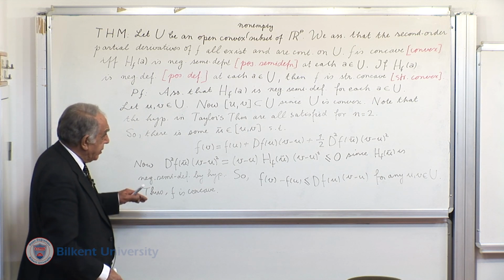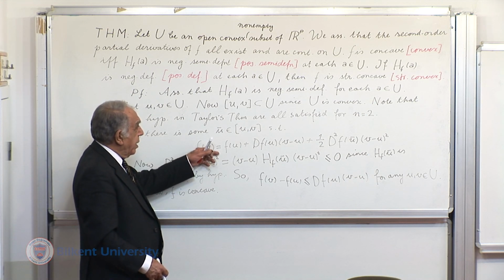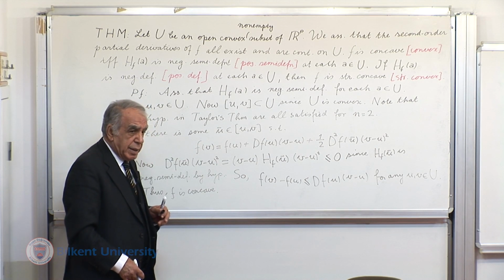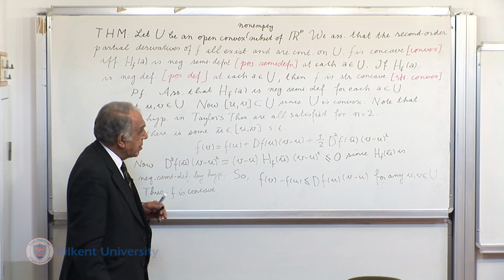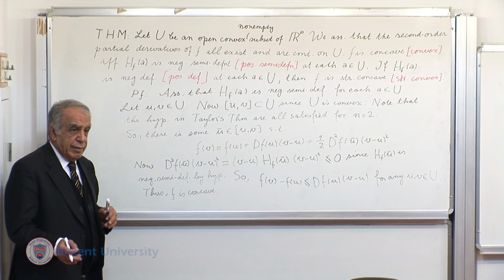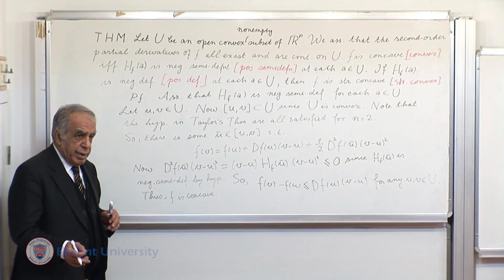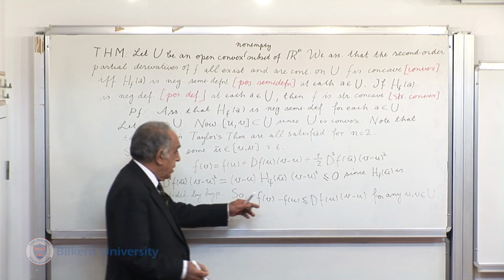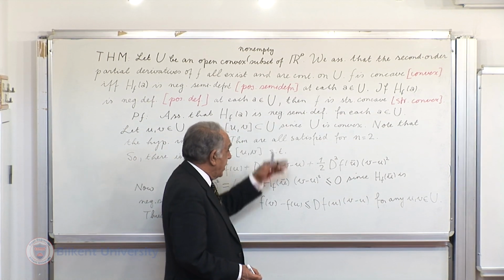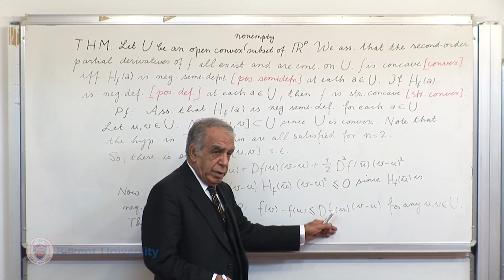Well, using Taylor's theorem and having this expression also seems to be promising to prove the converse. Because this is an if and only if statement. Well, if f is concave, this will hold.